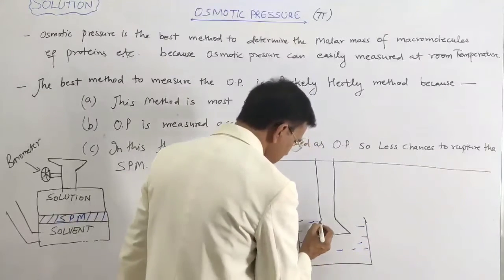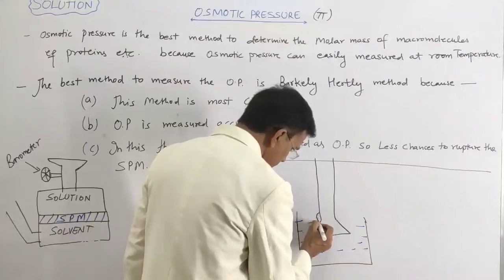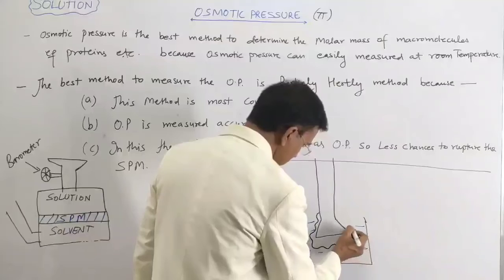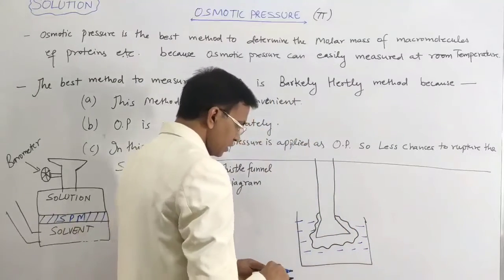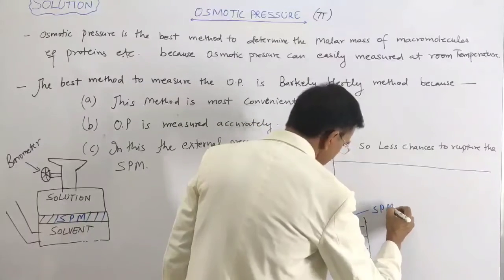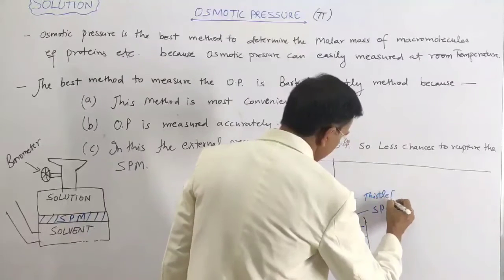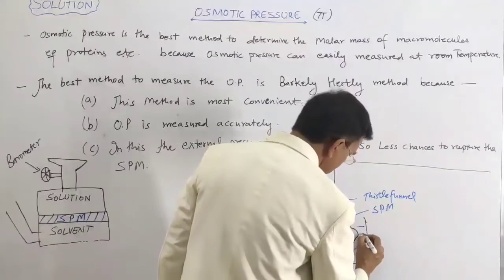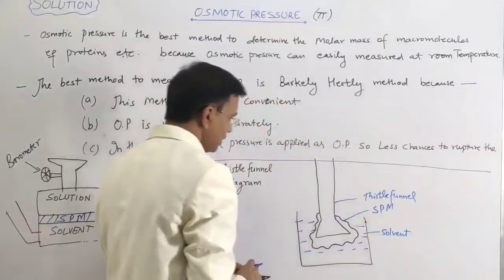And the SPM is there. This is the SPM over the Thistle funnel. So this is SPM, this is Thistle funnel, and this is the solvent, right?